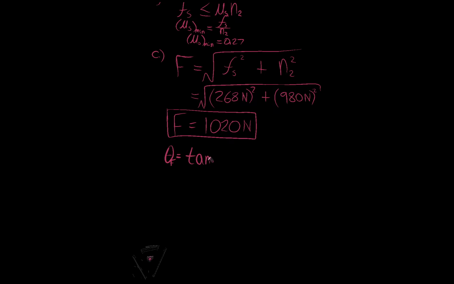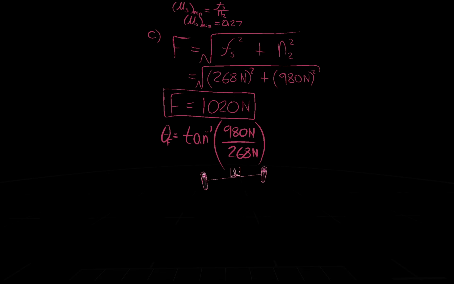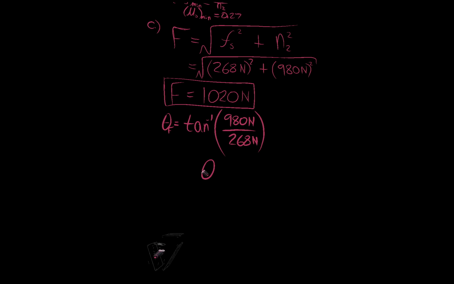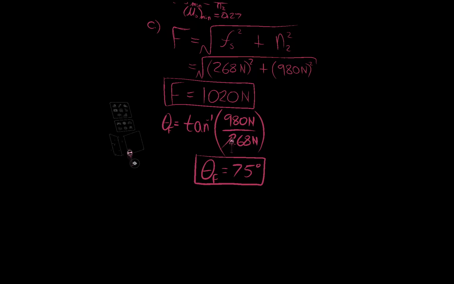You're going to take the inverse tangent of 980 newtons divided by 268 newtons. And that angle, if you compute it out, is 75 degrees. So not the same angle that the ladder is at. It's a little bit more.